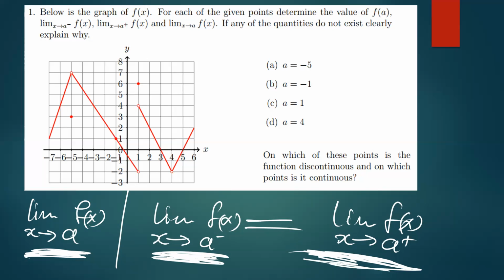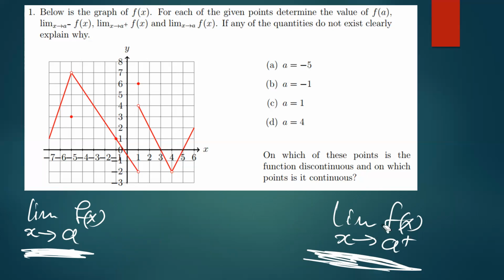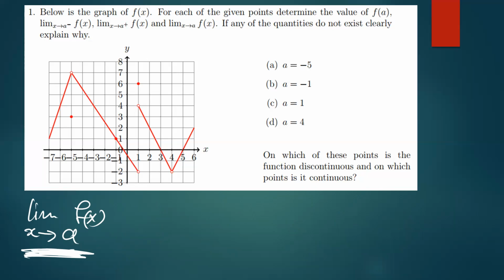So if they are the same, it means that the limit of f of x as x is approaching a exists. And when it exists, you also have to ensure that f of a is equal to what?